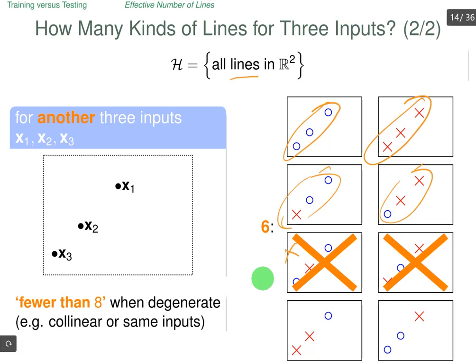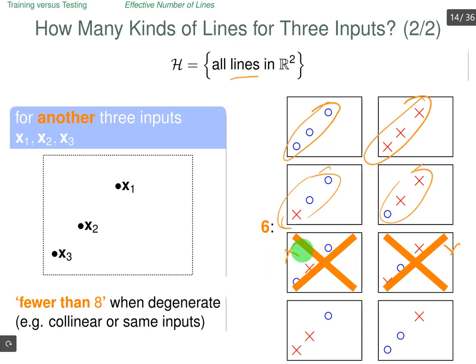These 2 cases are impossible to separate. So in this case, we will have 6 different kinds of hypotheses for this kind of 3 inputs, right? So a fewer number than the 8.